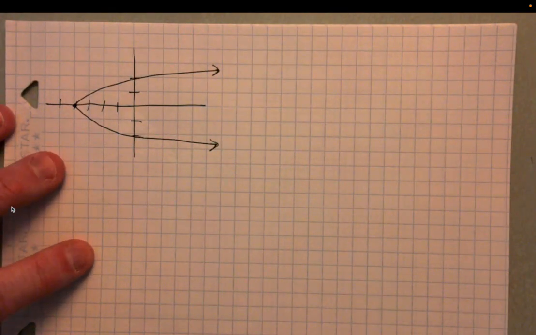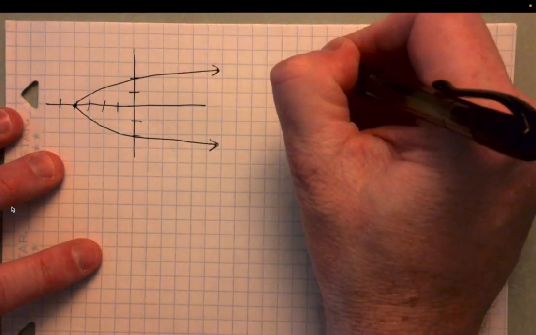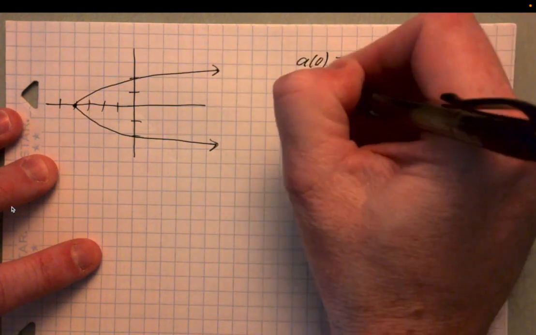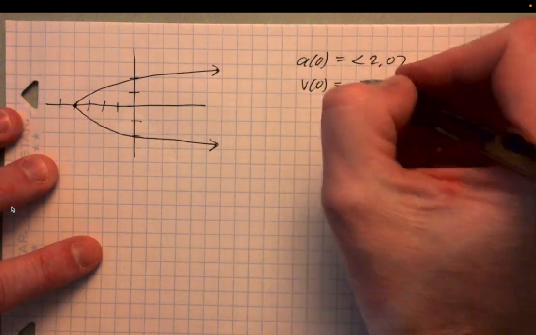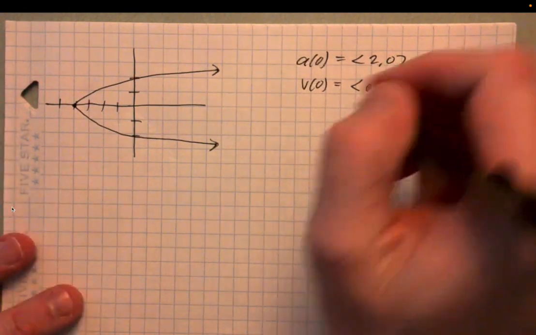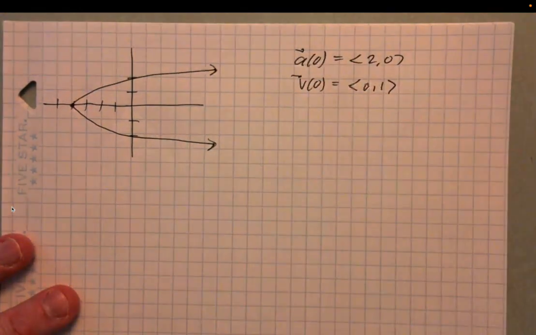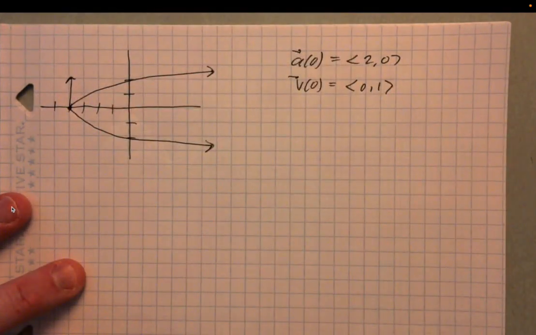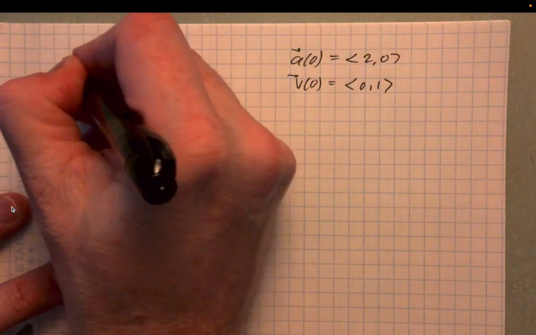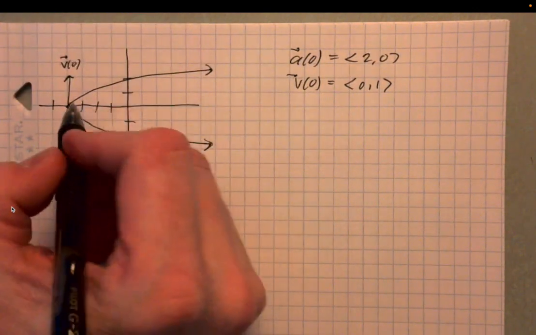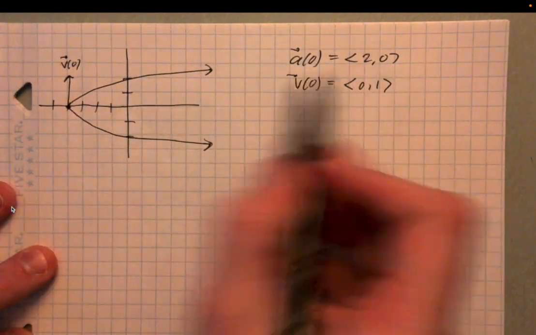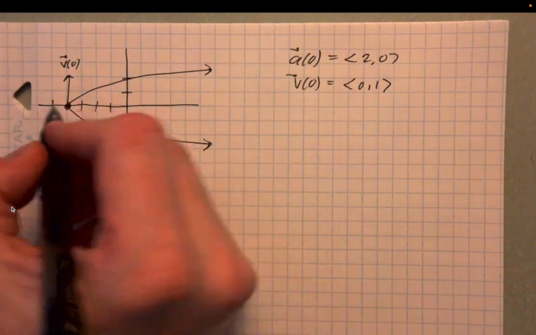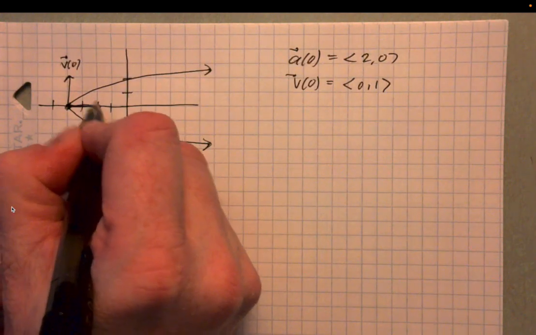Well, so a of 0 is 2, 0, and v of 0 is 0, 1. Right, pulling that from the previous page. And so the velocity at t equals 0 is like this. And the acceleration is, well, it's 2, 0, right? So if you're drawing it from the center of mass of the particle, it would look like this.